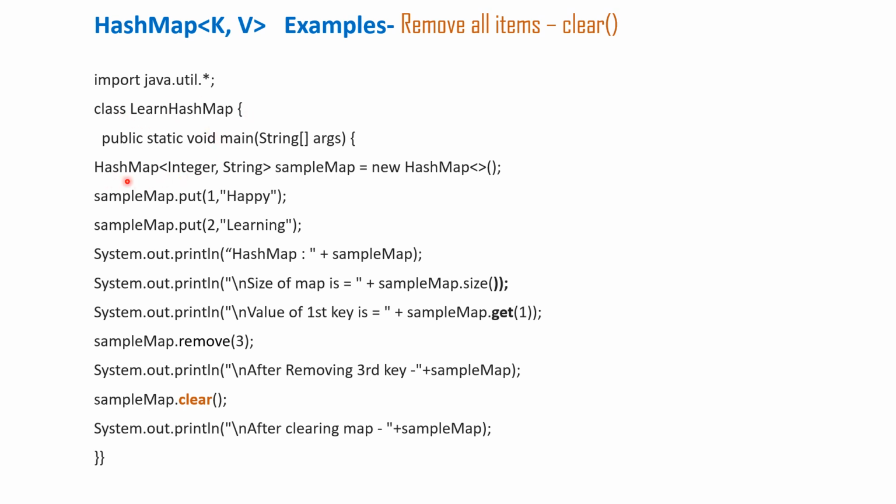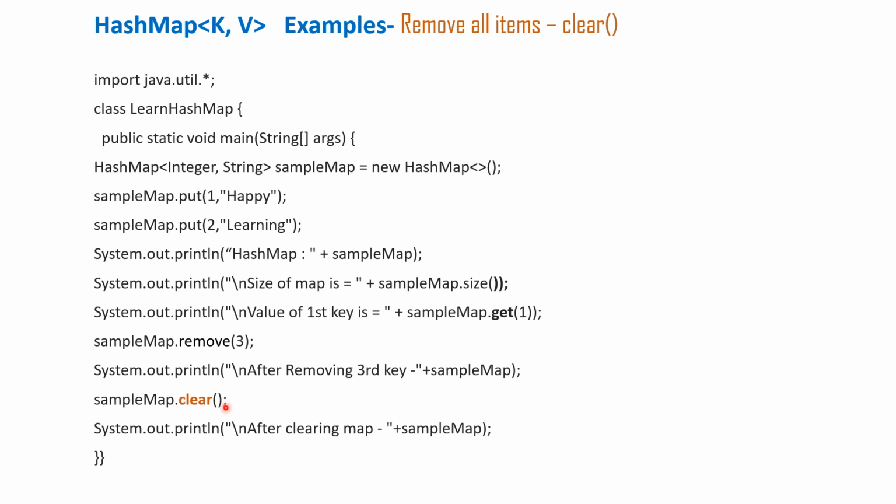Here I'm creating the sample map with the object. There are two entries here, and I'm printing the sample map, whatever map is there. I'm also getting the size of it, the value of the first key, and removing the third key.